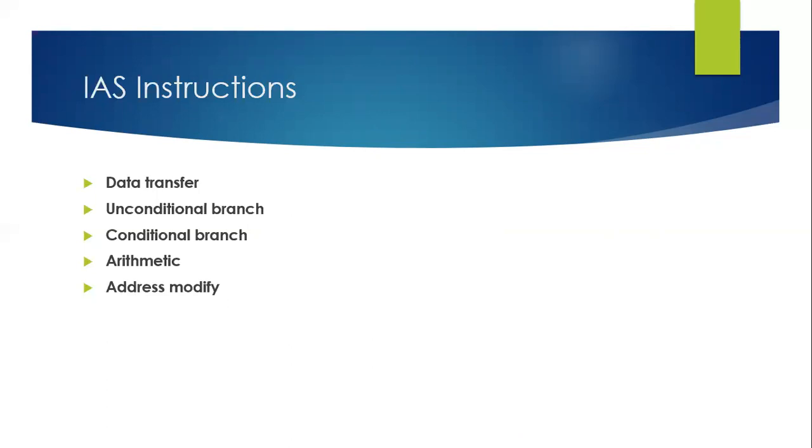And in conditional branch you have to check some kind of condition, like if one number is greater than the other number, then you are going to execute a set of instructions, and if that condition is false, then you are going to execute a set of other instructions. That is called conditional branch instructions. So if-else, if-only, these kinds of instructions come under this category.